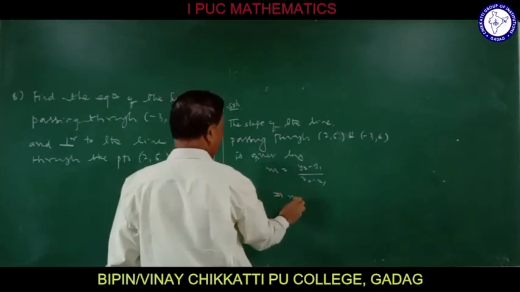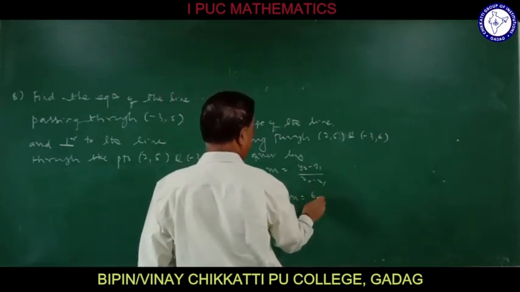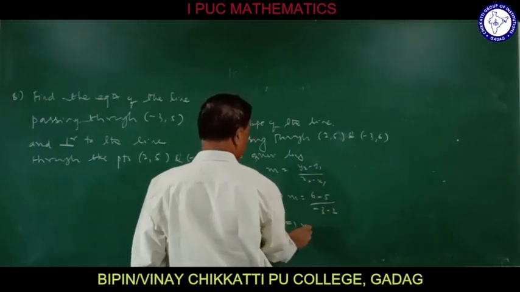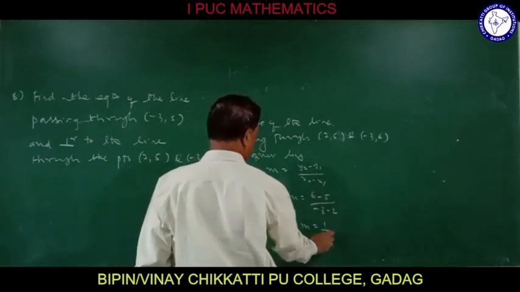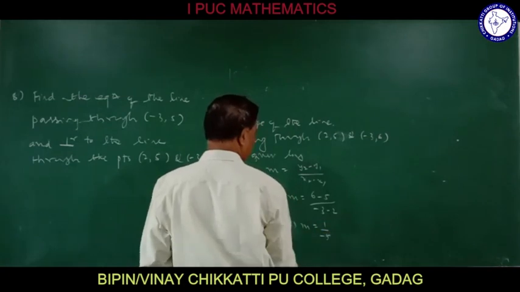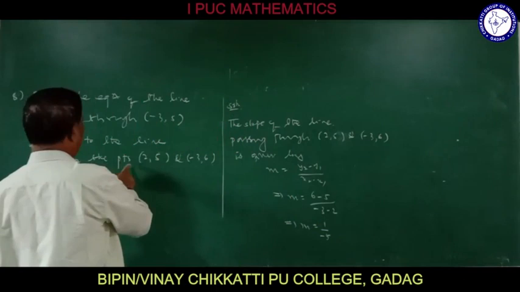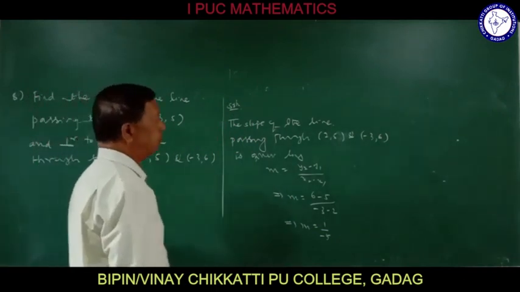This is m = (6 - 5)/(-3 - 2). So m = 1 divided by -5. This is the slope of the line, and the required line is perpendicular to this.